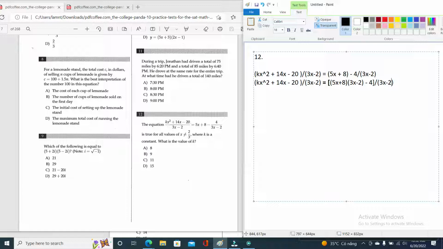Okay, so again, we'll get the left side intact. The right side is going to be 5x times 3x is 15x squared. 8 times 3x is plus 24x, and 5x times 4 is plus 20x... minus 10x and minus 16, right?